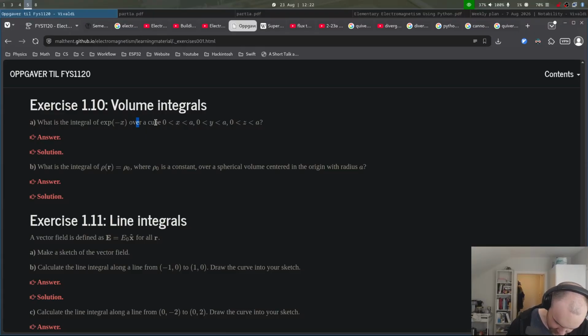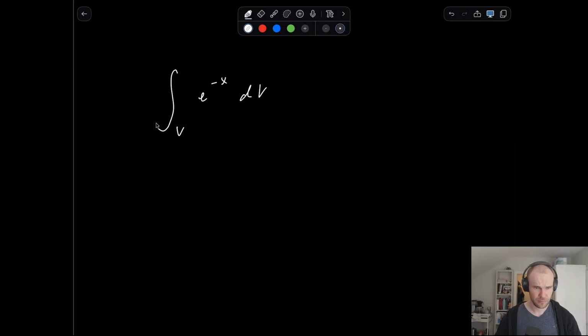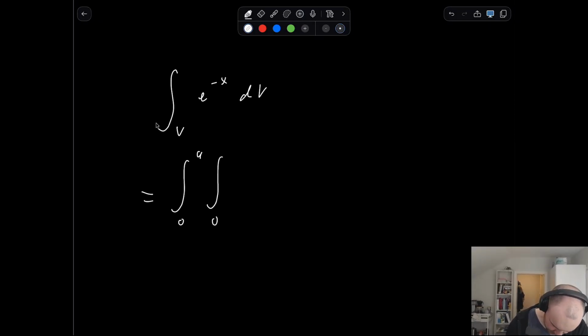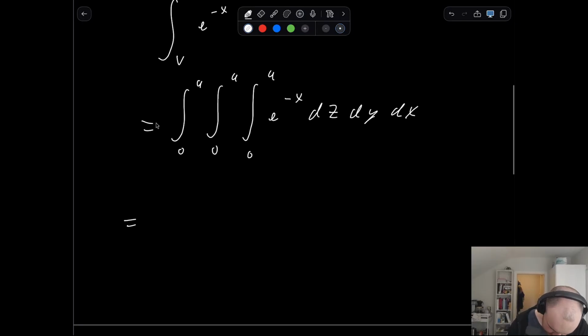I can write this as a physicist, the volume integral where the function is e to the minus x and the volume element, and that's our integral. And then we of course have e to the minus x. I do dz first, dy, dx in the end.